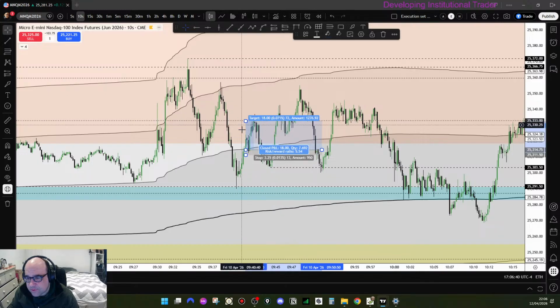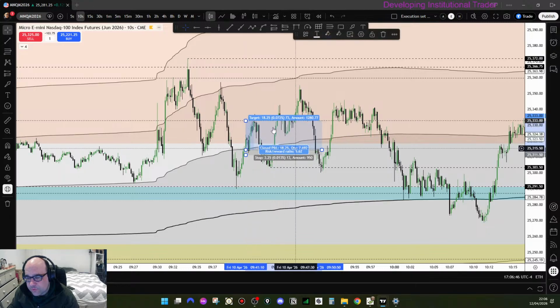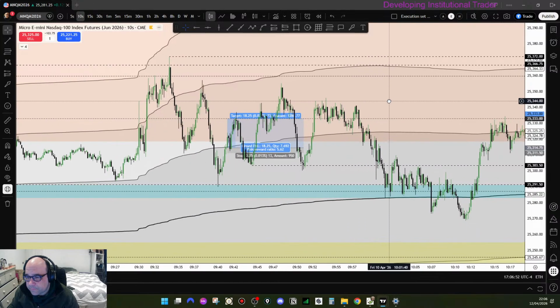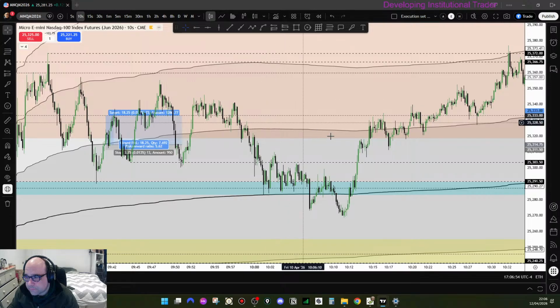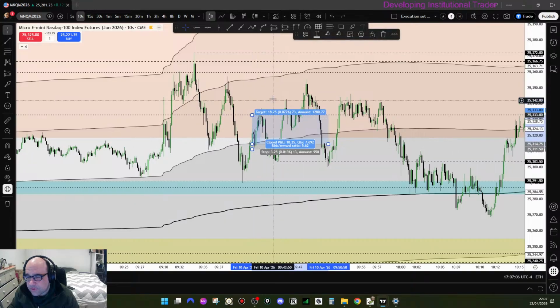In this case, someone could reach the 5 to 6 R. He could target, firstly, the highs, but this could have a really nice 5 to 6 R if you play a bit more aggressively and trail it, you know.